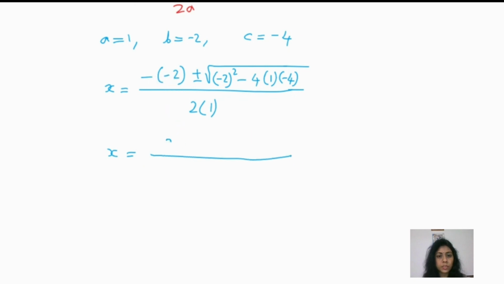Minus minus is plus, so 2 plus minus square root of minus 2 squared is 4, and minus 4 times 1 times minus 4, so minus minus plus, and 4 times 4 is 16, 2 times 1 is 2. So this is 2 plus minus square root of 4 plus 16, which is 20, divided by 2.